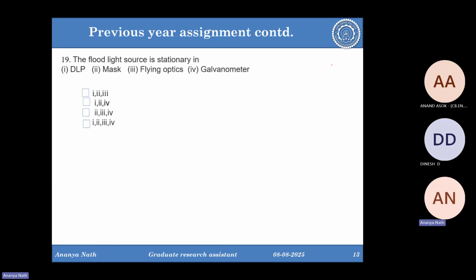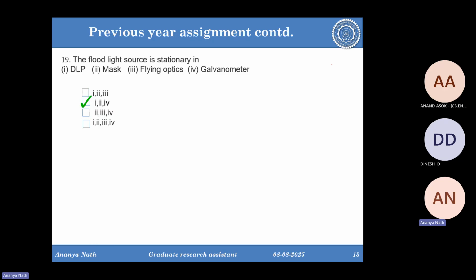The floodlight source is stationary. In DLP, the UV light comes from the bottom, so it's stationary. Mask, again, you're putting the mask for each layer and the light is stationary. The light is coming and falling on the whole build plate, and wherever the mask is not present, that resin will be cured.